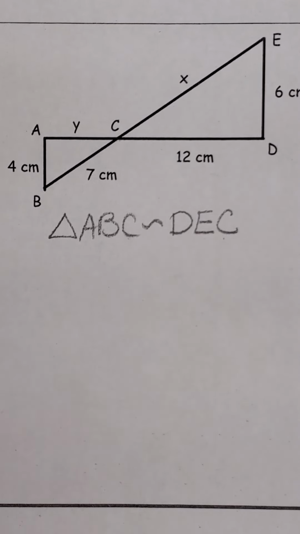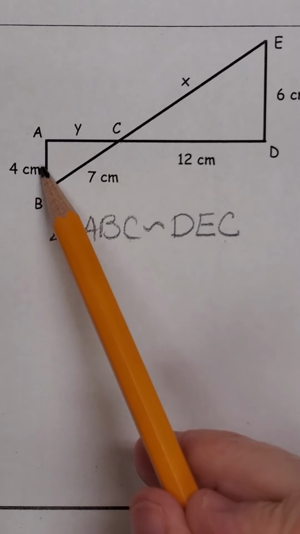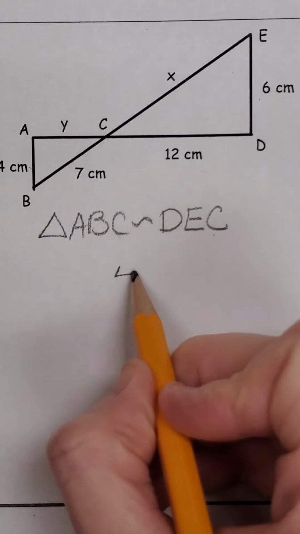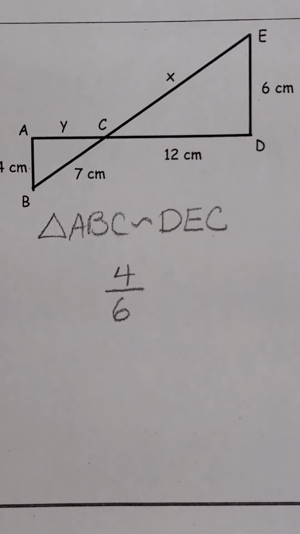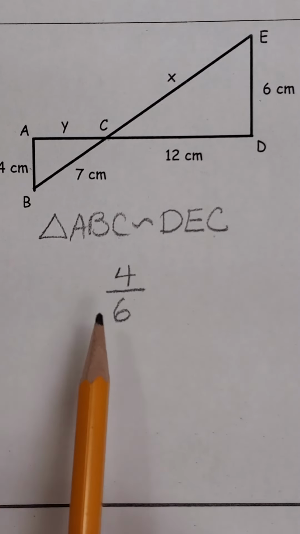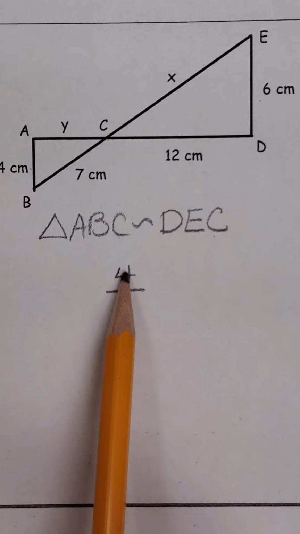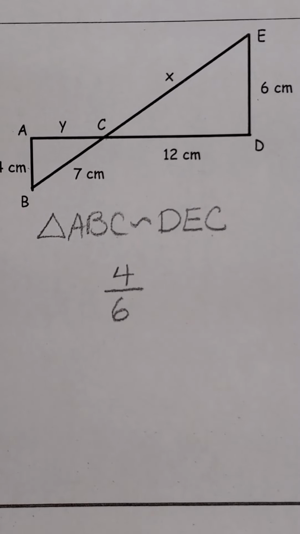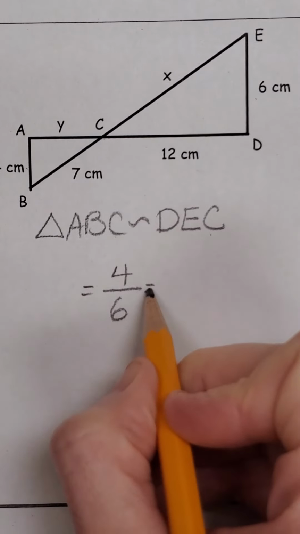We're going to do 3 here. I have to make sure to give you one fraction that has 2 numbers, otherwise we can't calculate it, right? So it's going to be this one and this one: 4 over 6. This time I've decided to put my small triangle up top and the big one on the bottom. As long as I'm consistent with that, it'll work out just fine.